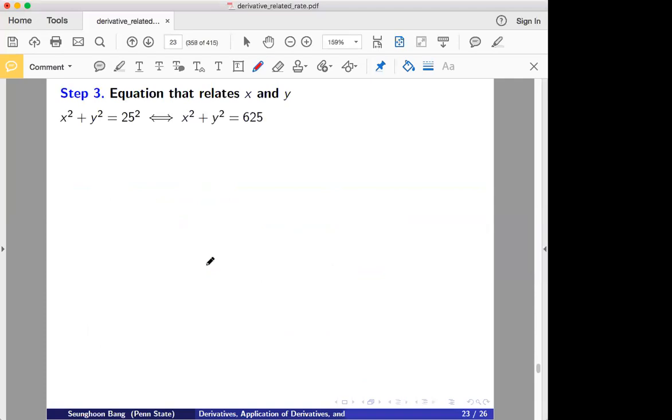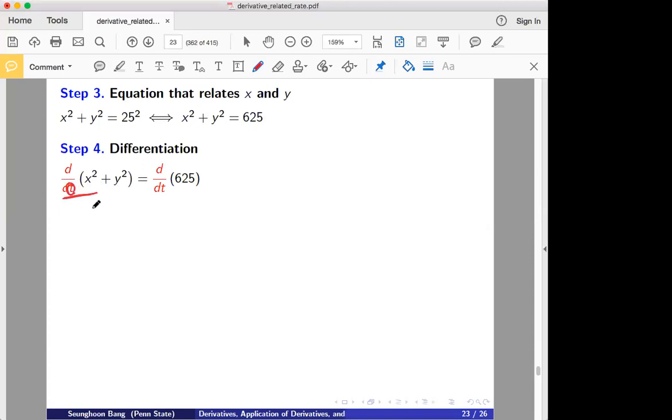So like this. Step 4, differentiate. You can take the derivative of both sides. What is the derivative of x squared with respect to t? 2x, that's it, only 2x, times dx/dt, because the variable is t.